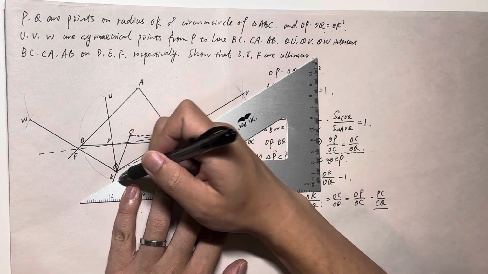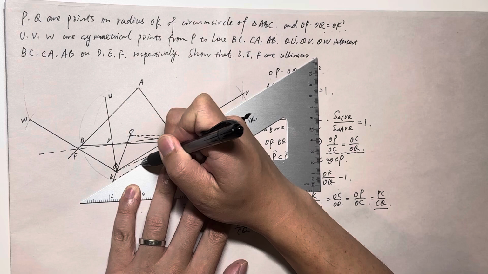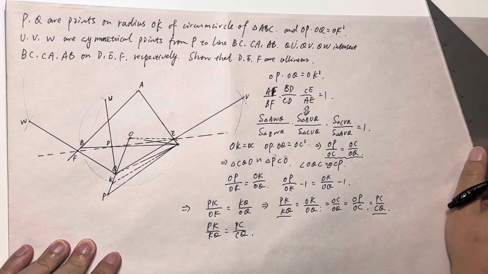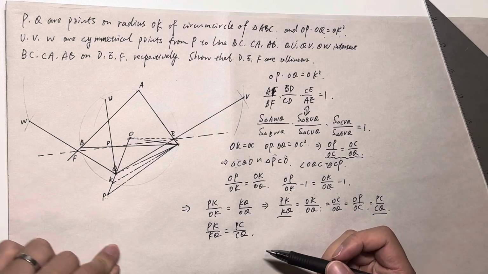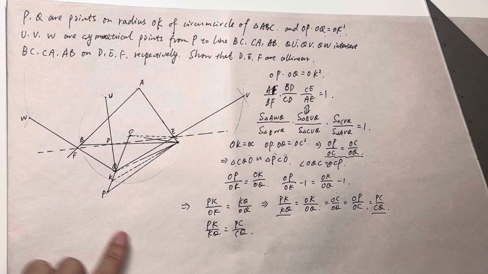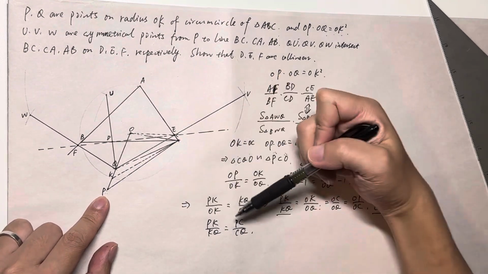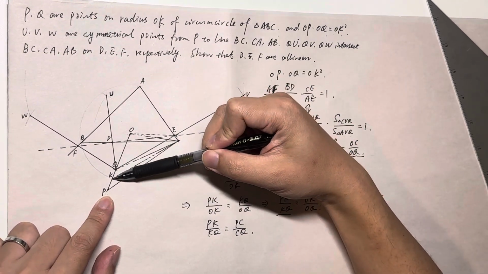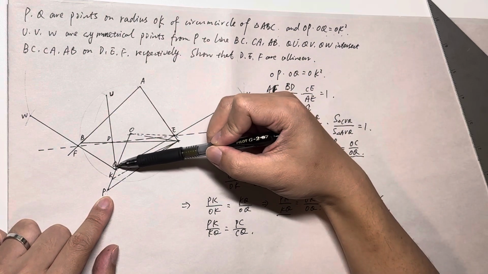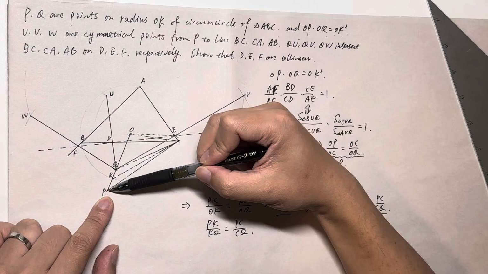Whether it's useful, we don't know. We just try our best to find everything we can find, right? So now we have that. We know that CK is the angle bisector of angle QCP.